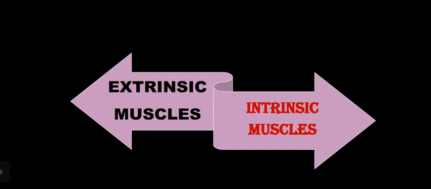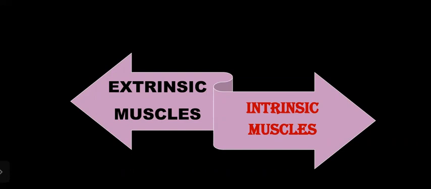Now the question arises, why do we give them such nicknames? The extrinsic muscles of the back are known as immigrant muscles because they migrate during their fetal development. In the further slide, we see that the extrinsic muscle is further divided into two parts, superficial and deep.